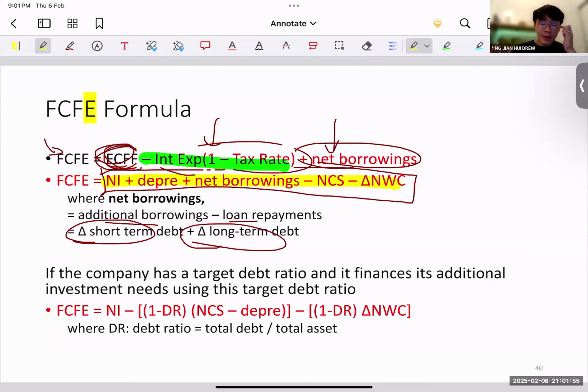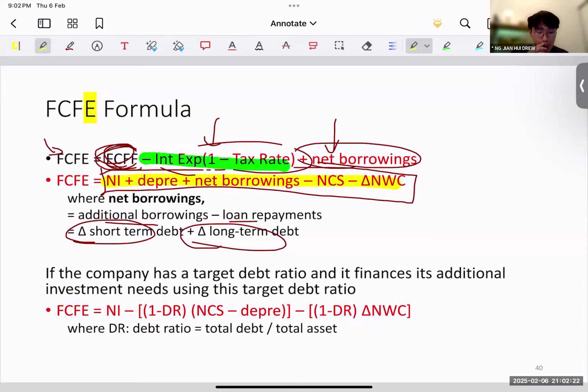And so remember, we mentioned that in your FCFF, we do not want to consider the interest expense. That's why we add it back. But now in your FCFE, we're considering your interest expense again because we're now interested only in the cash flows that finally remain for your equity holder, which is where we minus the interest expense.